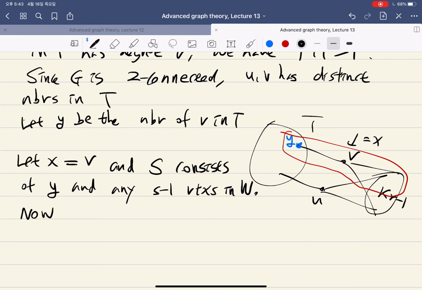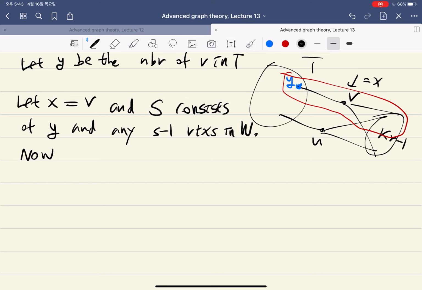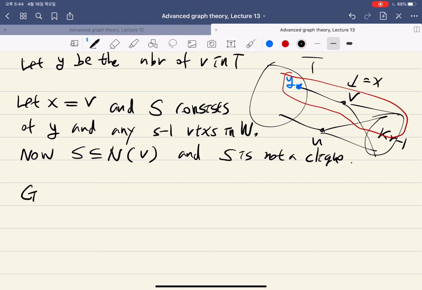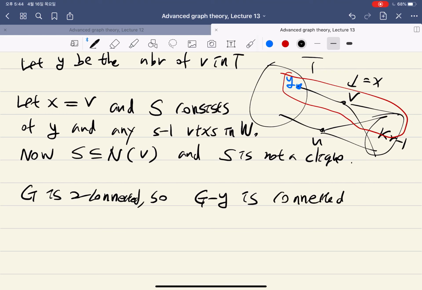Now, this S is inside the neighborhood of this V, and S is now the clique. Also, G is 2-connected. So G minus Y is connected. Without this Y, the graph is connected.